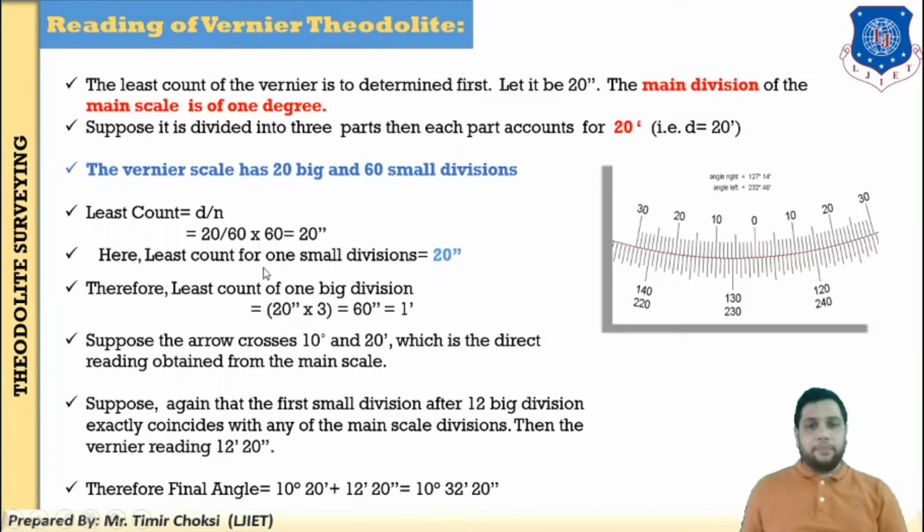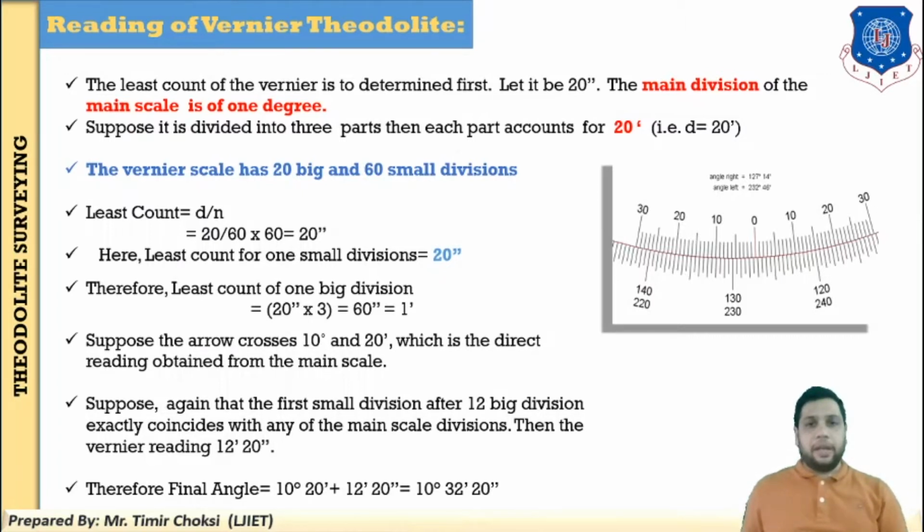So here I repeat this topic. First, there are two scales used for taking the reading of the vernier theodolite: one is the main scale and one is the vernier scale. In the main scale, one division is 1 degree, and 1 degree is divided into 3 parts, so one part is 20 minutes.